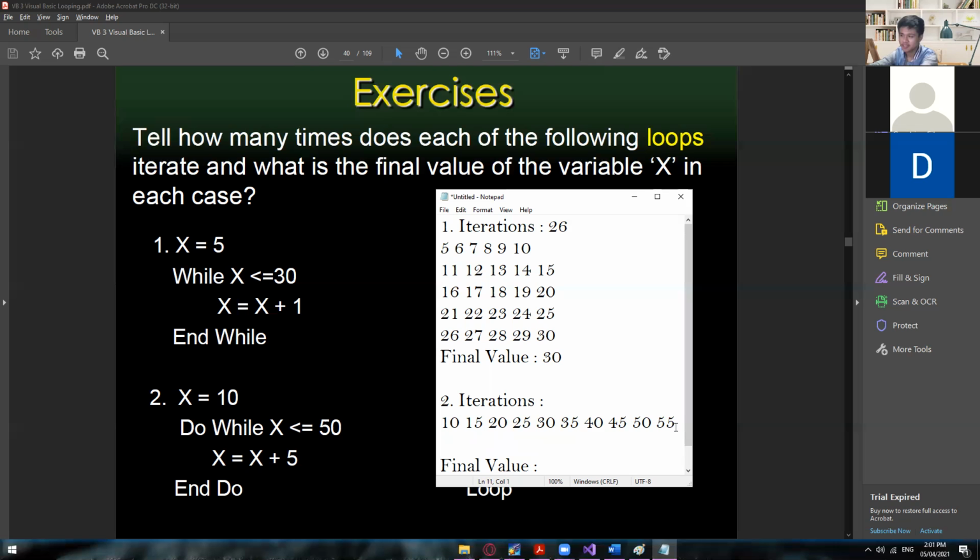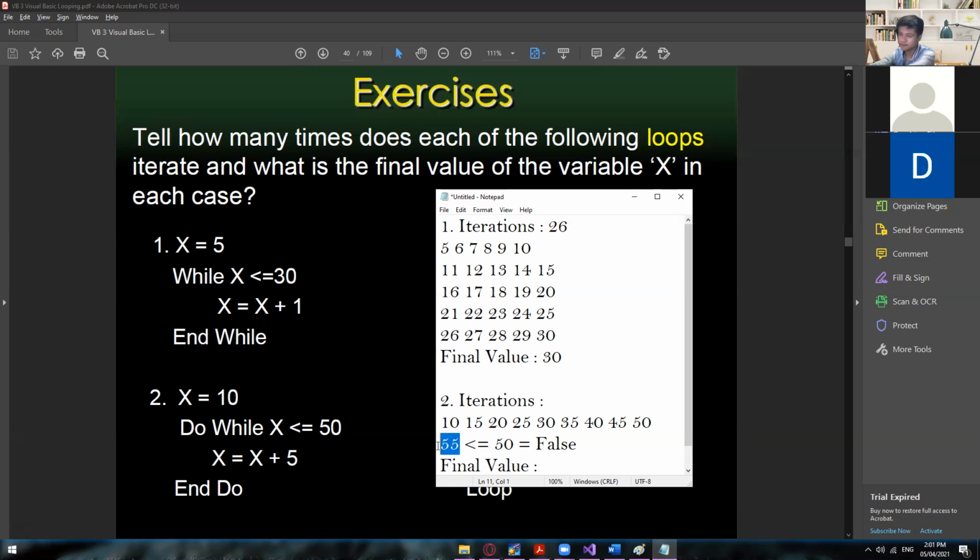So if we check whether this one is the final value or not, we have to replace this x by 55. So 55 is less than or equal to 50. So is this true? This is false, right? Now, once this one became false, then we will stop looping or iterating that program already.